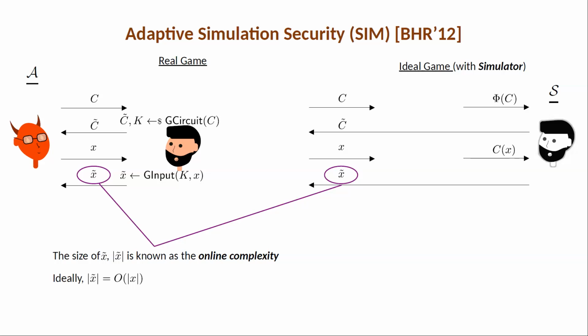Why is this requirement crucial? Well, if we allowed the online complexity to be any size, then we could just ignore the offline phase and send the garbled circuit in the online phase, right? We could pick a garbled input and circuit pair, send it in the online phase. And that would grow in the order of the circuit, and we don't want that. So we want short online complexity.